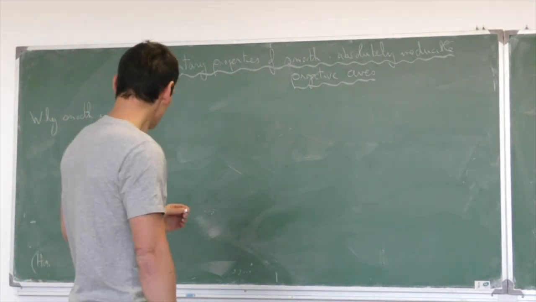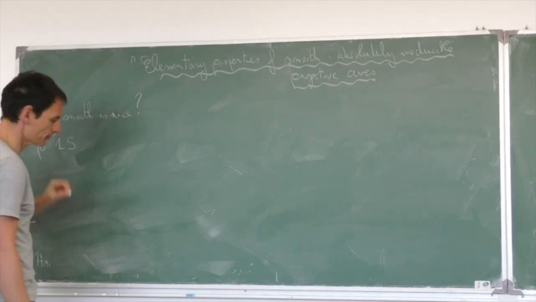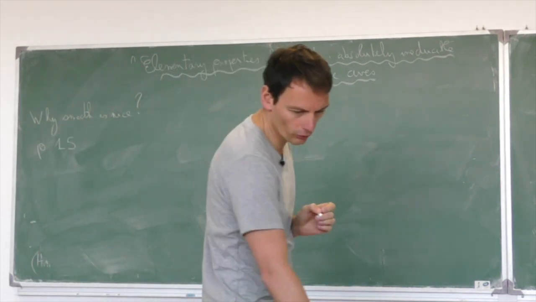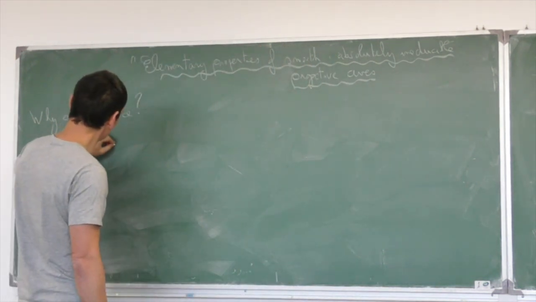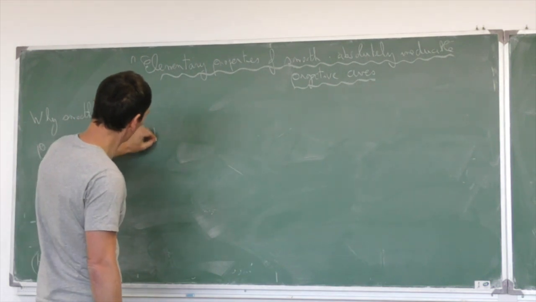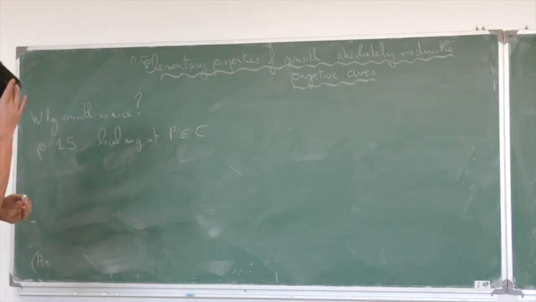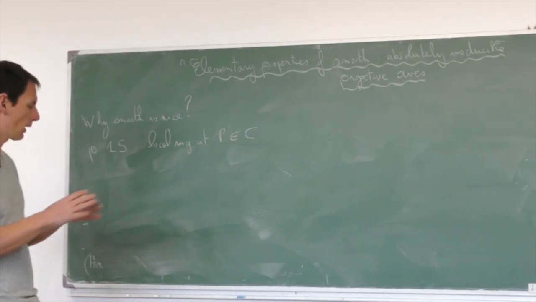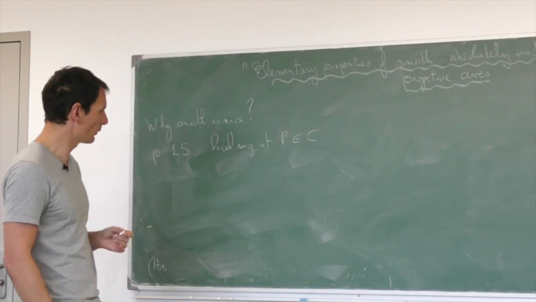If you look in the notes on page 15, when you introduce the local ring at a point P in C. Indeed, the notion of being smooth, so regular or non-singular, is something which is local. In particular, you could restrict to an affine model of the curve, just locally looking at an affine chart. And even closer, you can look at the local ring.